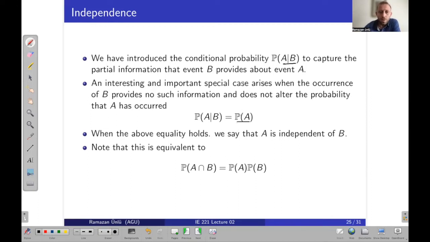When the above equality holds, we can say that A is independent of B, or vice versa, B is independent of A.